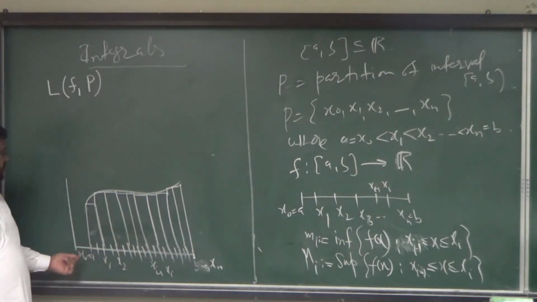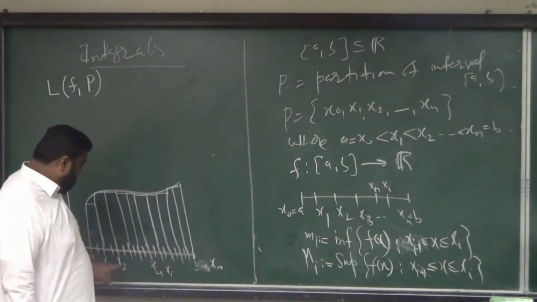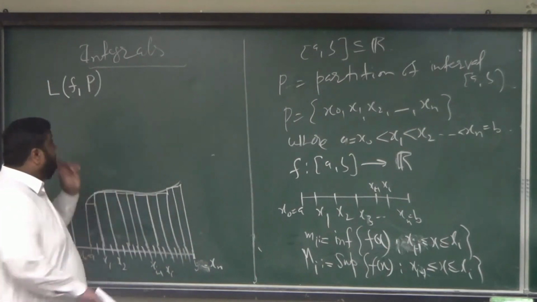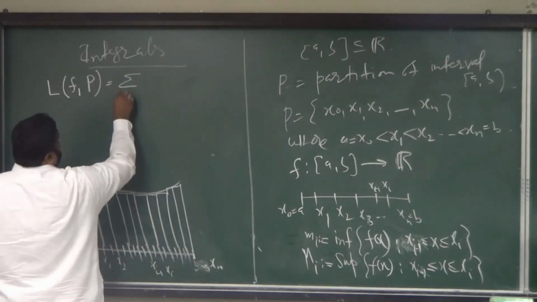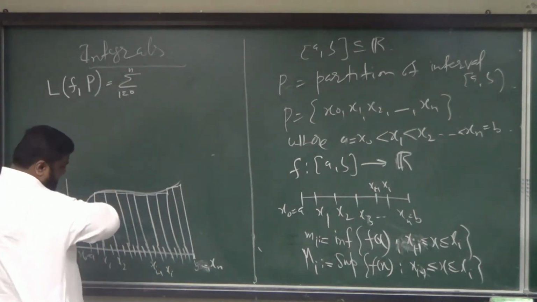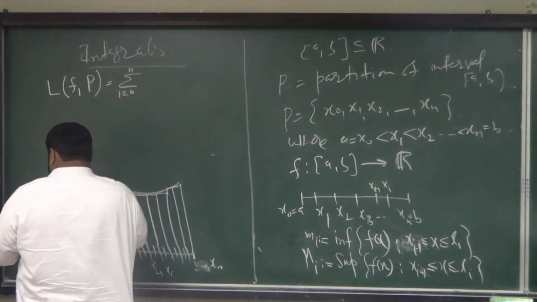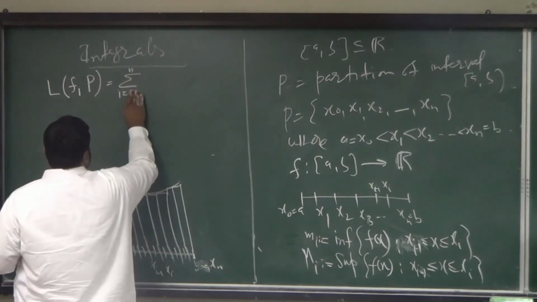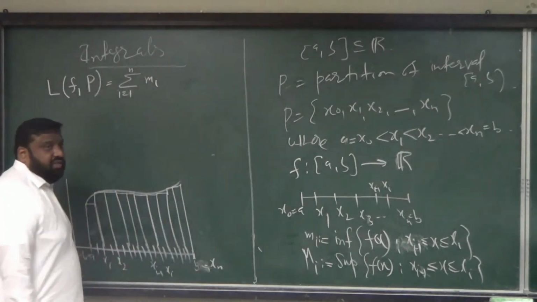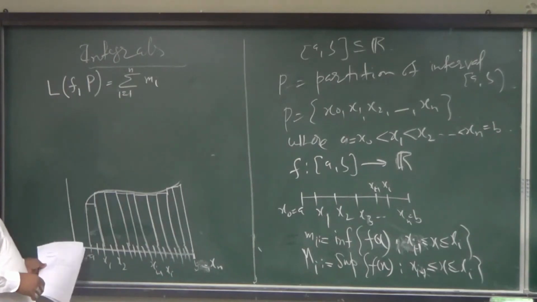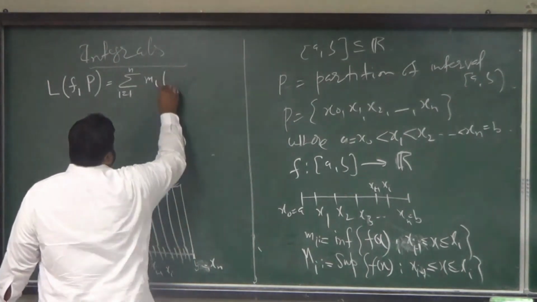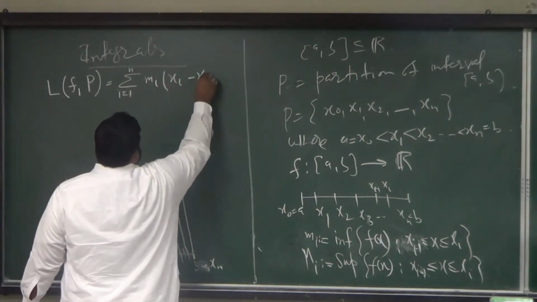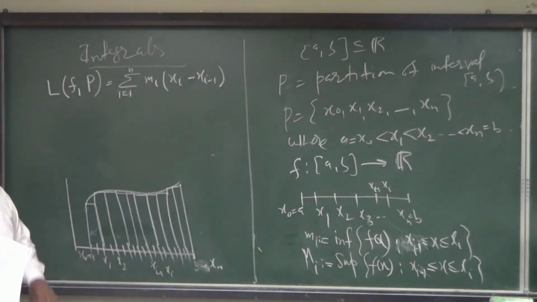You have to multiply the heights, which are infimums, with each of the widths. So for the partition P, you're going to have the sum from i equals 1 to n of m_i, where m_i is the infimum in the ith interval, the smallest value that f takes, multiplied by the width, x_i minus x_{i-1}.